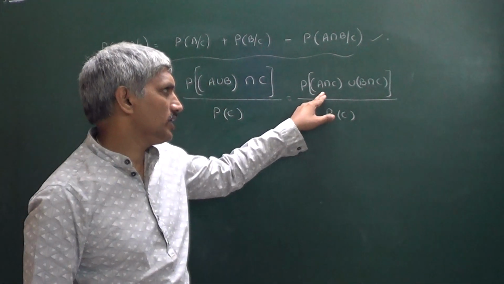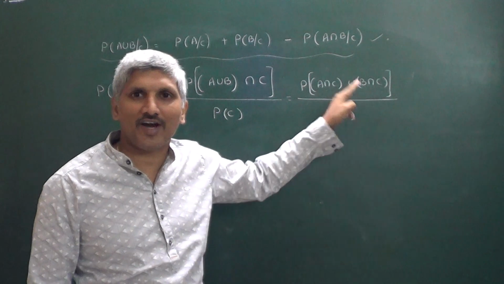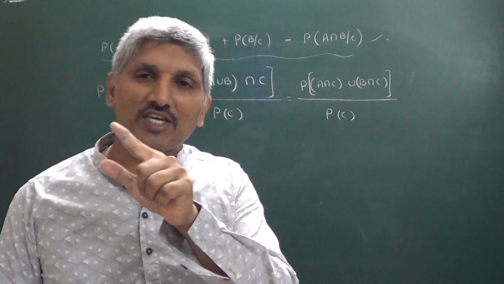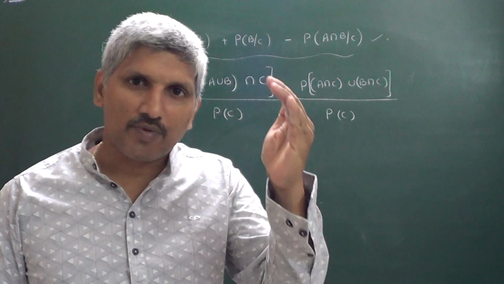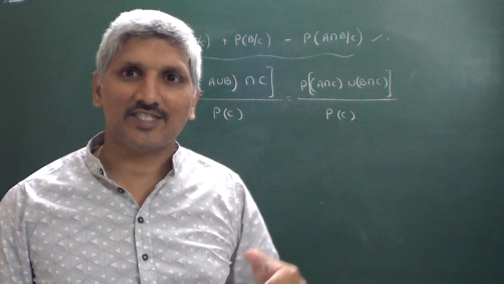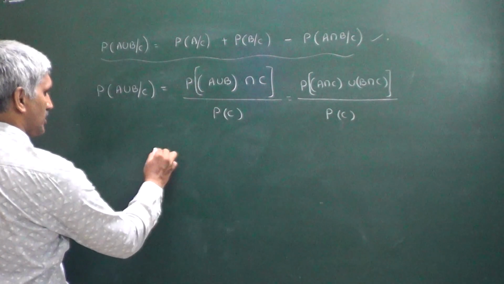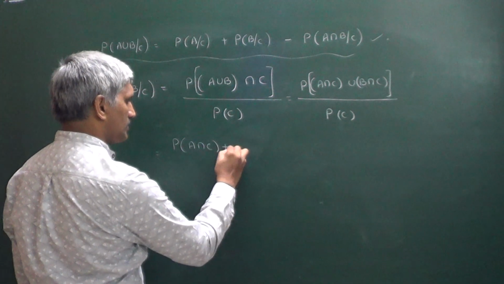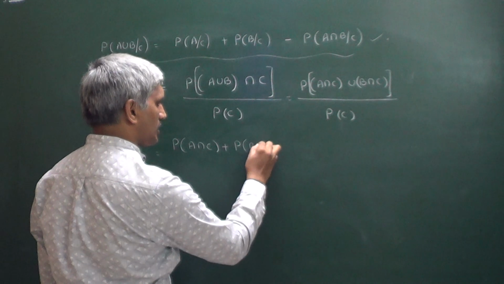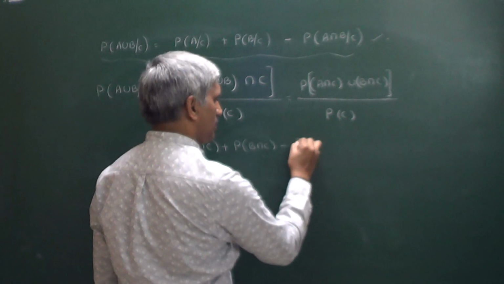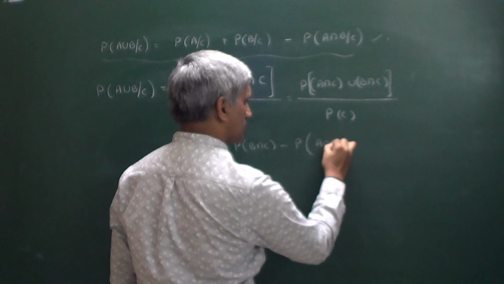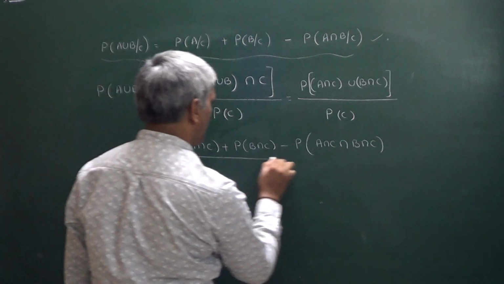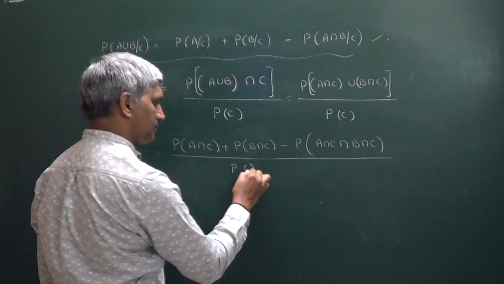Now this is X and this is Y, X ∪ Y. According to the addition theorem, P(X ∪ Y) is equal to P(X) plus P(Y) minus P(X ∩ Y). So we can write that as P(A ∩ C) plus P(B ∩ C) minus P((A ∩ C) ∩ (B ∩ C)), whole divided by P(C).